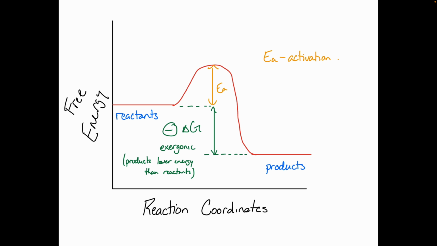And what does our activation energy tell us about our reaction? Boom, there's the key: speed, how fast the reaction occurs. So what we would call in fancy chemistry speak, the kinetics of a reaction. But yes, how fast or slow a reaction is.